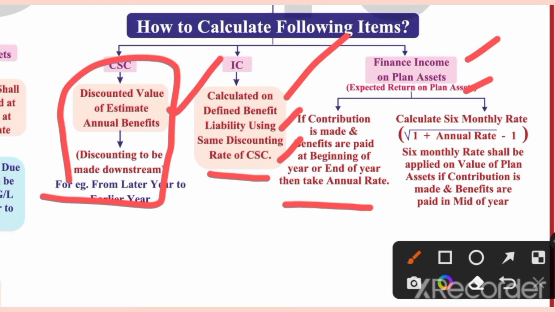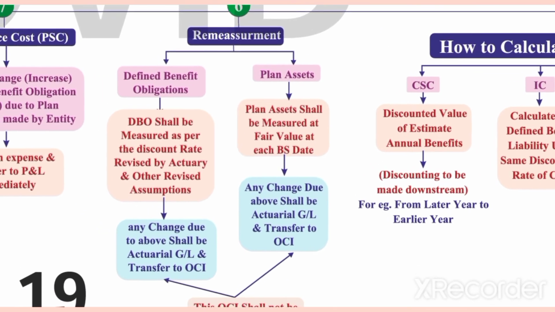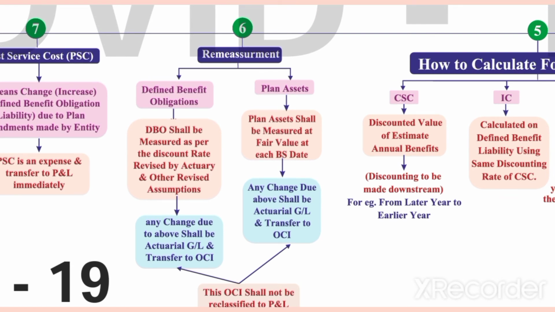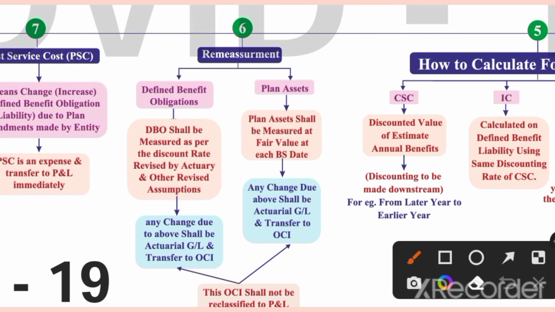Okay, next we have to see the remeasurement. When we do the remeasurement of the defined benefit obligation and the plan assets, the defined benefit obligation shall be measured as per the discount rate revised by the actuary and other revised assumptions.